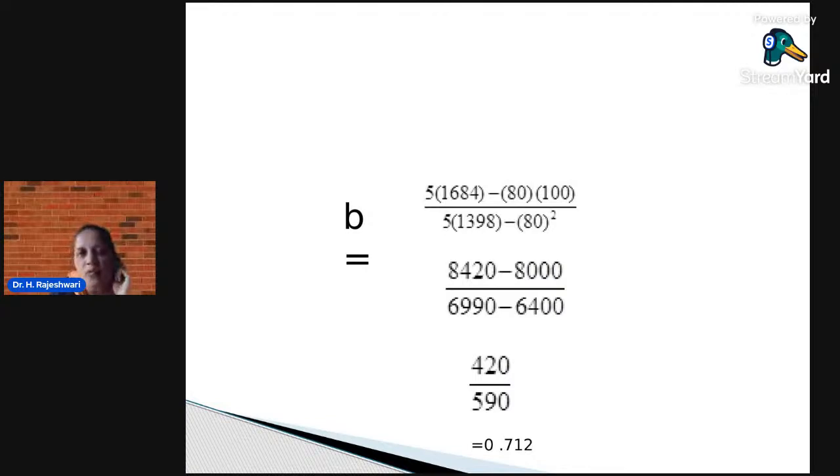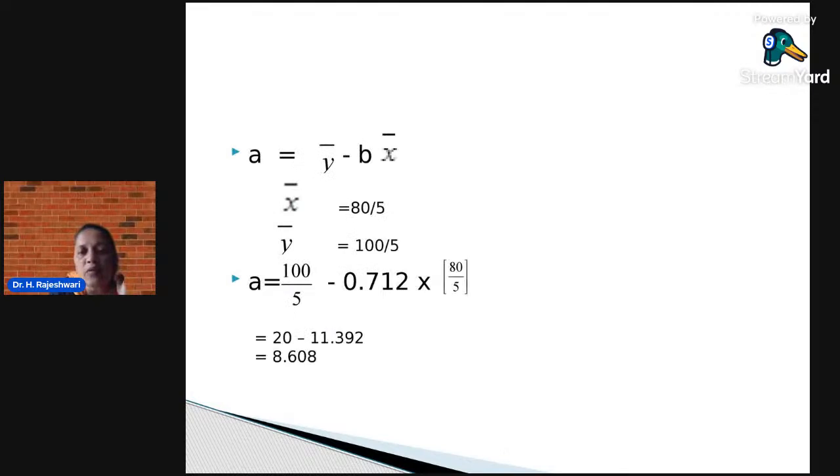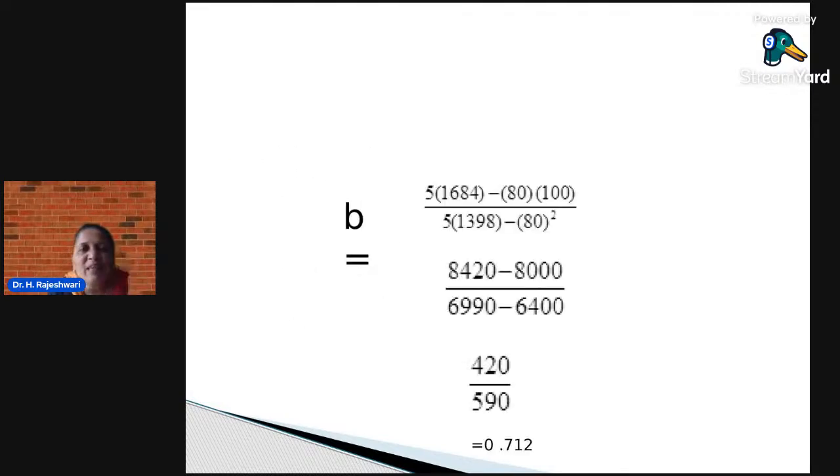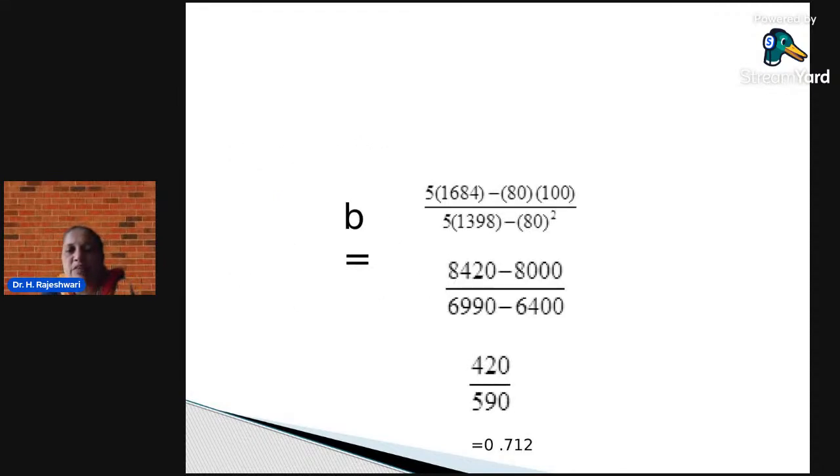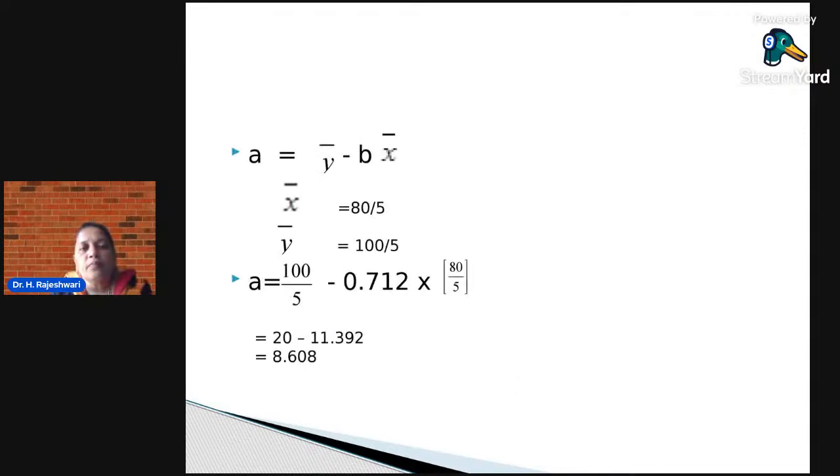So use this formula to find out the b value. B is equal to 0.712. I don't know whether it is visible for you here; it is not visible for me, but if it is visible for you, fine. 0.712. Okay, now substitute this value here to find out the a value.